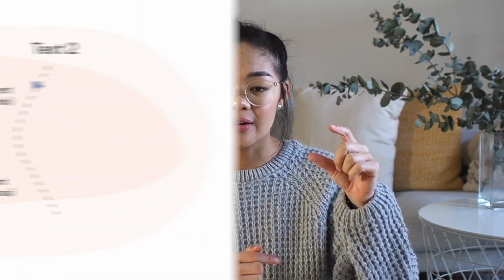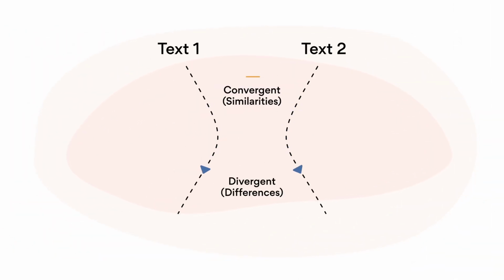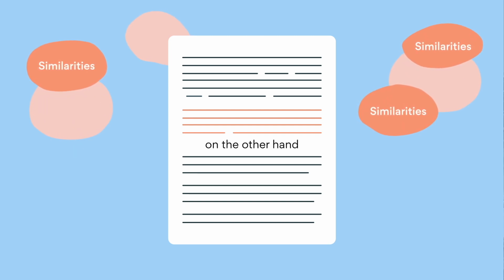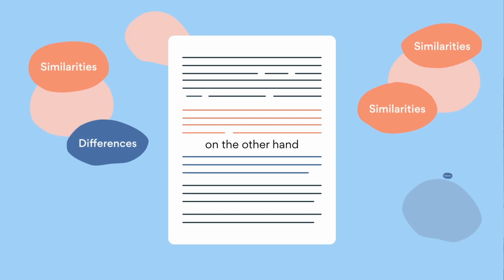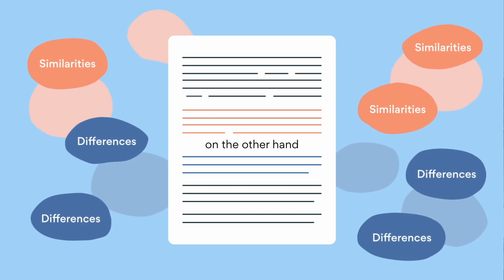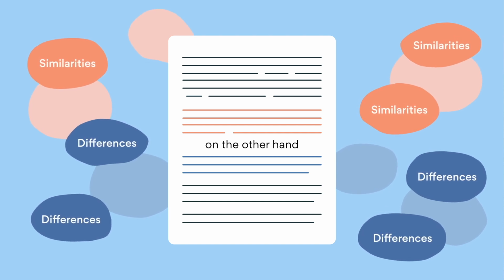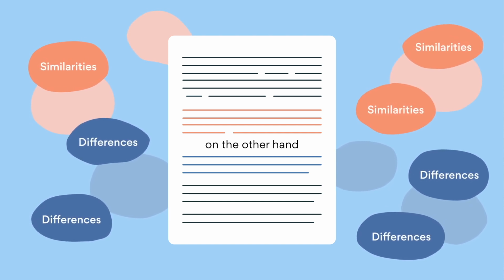And this is because you're going to be spending more time going in detail with each example you offer, because you're going to compare the similarities and then compare the differences. Rather than using lots of examples in your first half of the body paragraph, grabbing one similarity here, one similarity there, then in the middle of the paragraph saying on the other hand, and then afterwards finding differences, which can just feel really forced and like you're just trying to grab and plug in as many examples as you can.